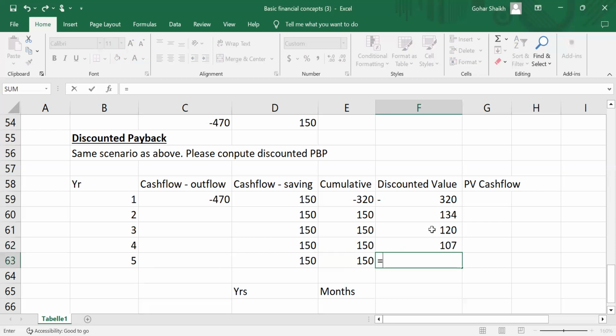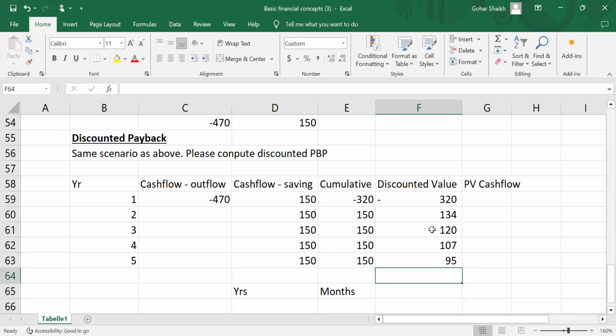And for the last year, similarly 150 into 1 plus R to the power negative 4. We get 95 as our discounted cash flow.